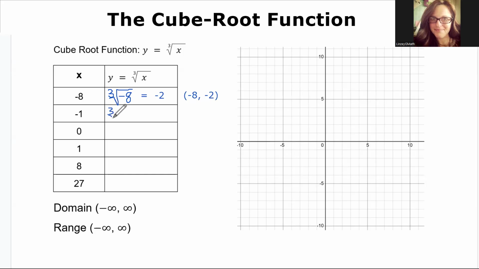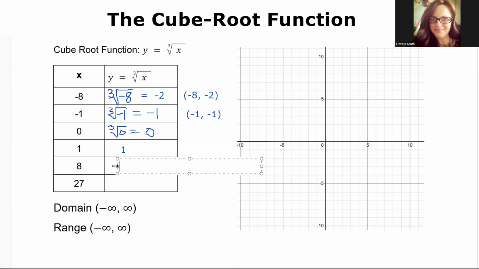And the cube root of -1 is -1. Then we get our second point. And the cube root of 0 is 0. And the cube root of 1 is 1.